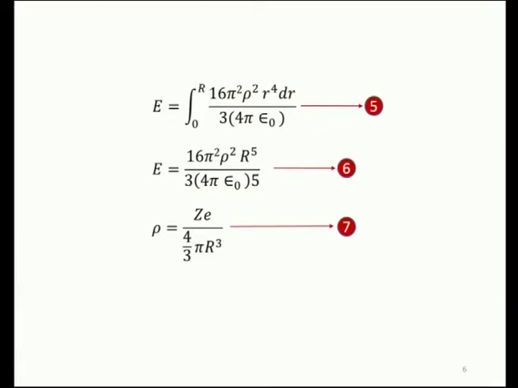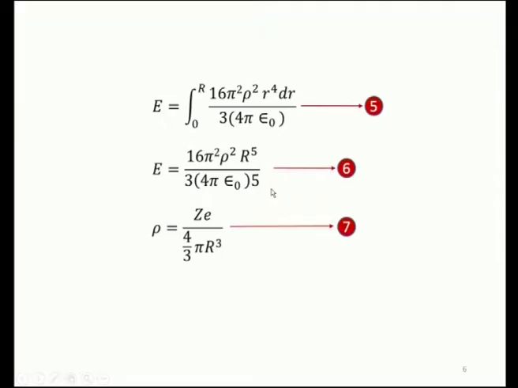Now we are yet to integrate. 16 pi squared rho squared is constant, 3 is constant, 4 pi epsilon 0 is constant. So it is only the integral of r power 4 dr, which will be r power 5 by 5. The upper limit is capital R, and the lower limit gives 0, so we get R power 5 by 5.